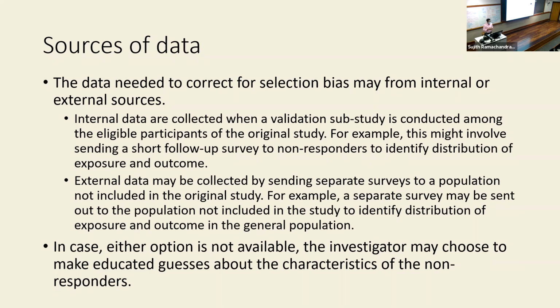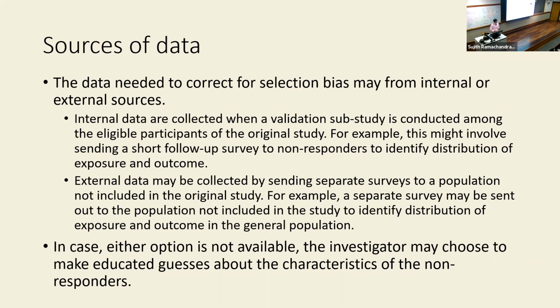The goal is to send a follow-up survey to the individuals that did not respond to your survey and ask them, hey, I know you did not respond to my original survey, but can you answer 2 questions for me? You're not going to get most of them, but maybe you will get some of them to respond because they are more willing to answer 2 questions than your original 20-question survey, right?